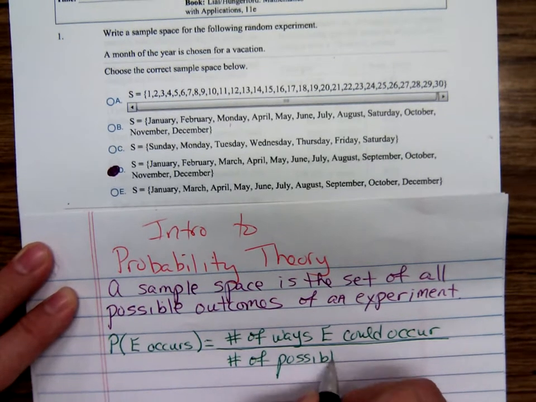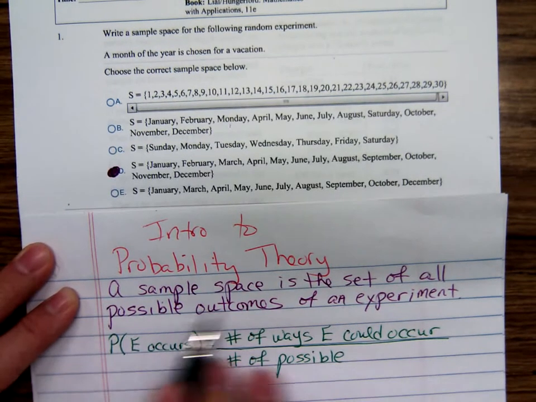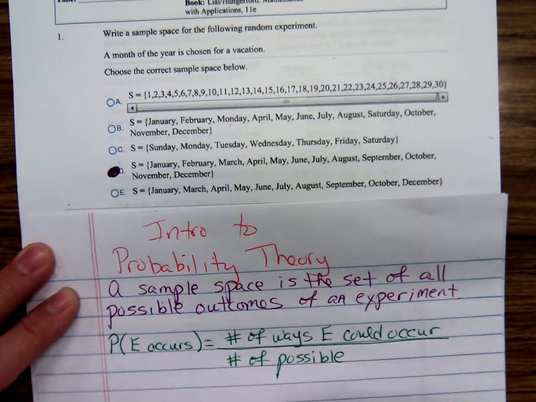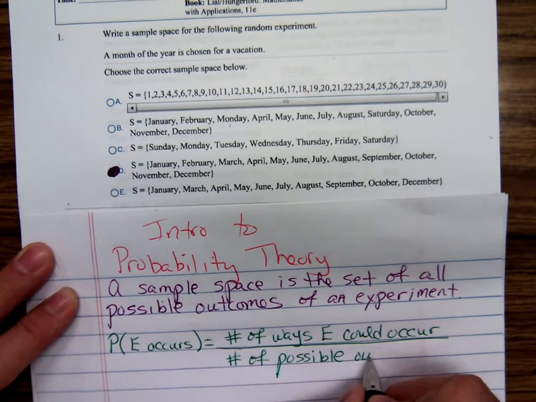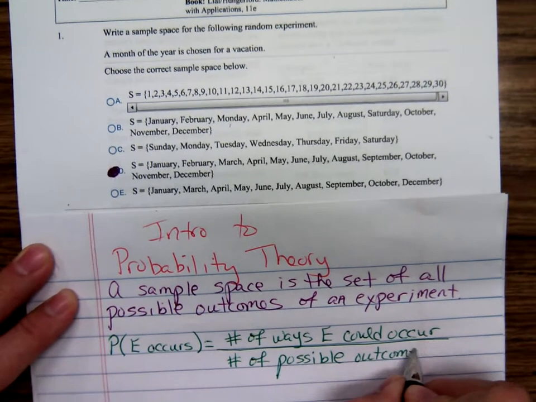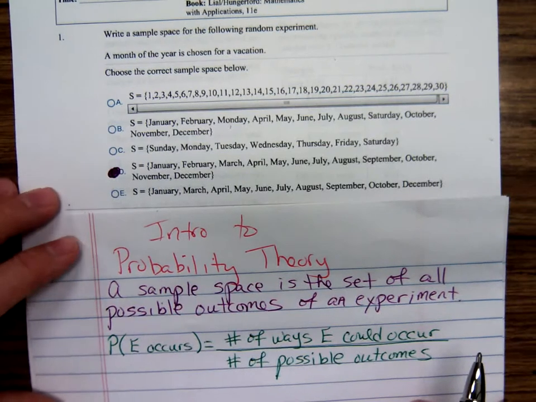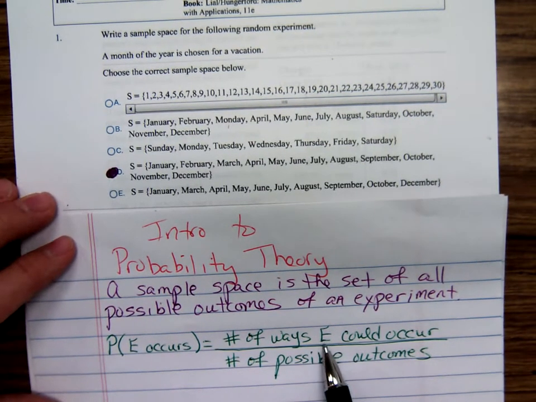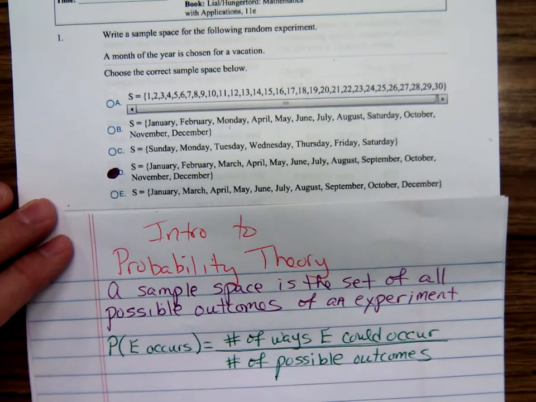The number of possible outcomes is however many outcomes are in your sample space.